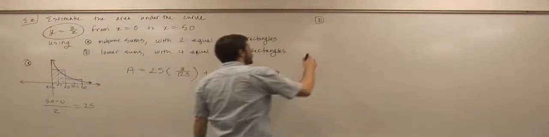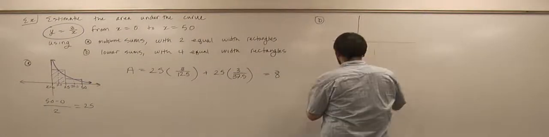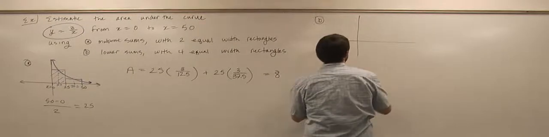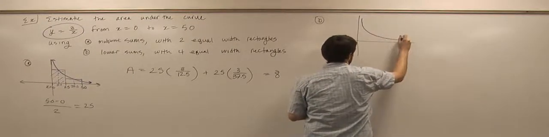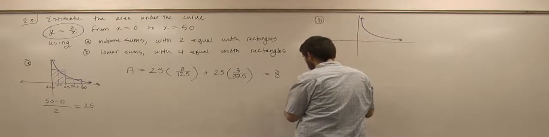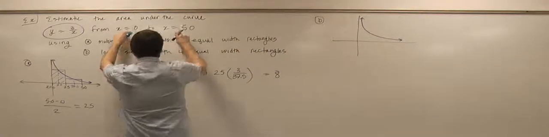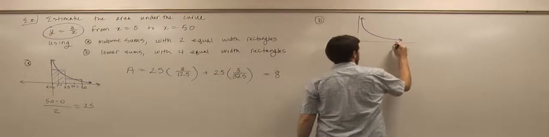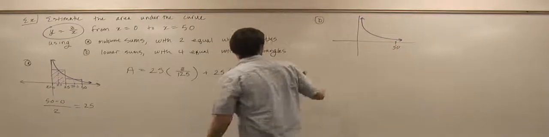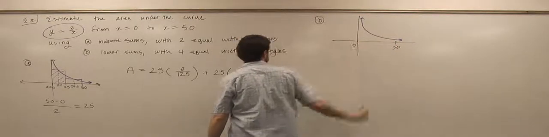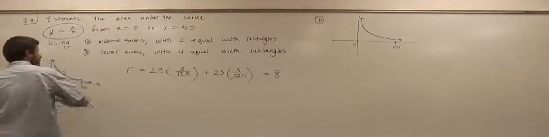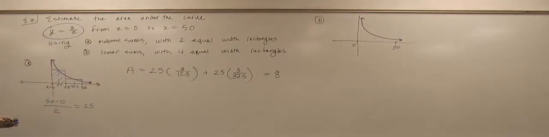So for B, I want 4 rectangles and lower sums. So the function doesn't change. The domain doesn't change. I'm still going from 0 to 50. The way I draw my rectangles is going to change. Lower sums means you stay under the curve.